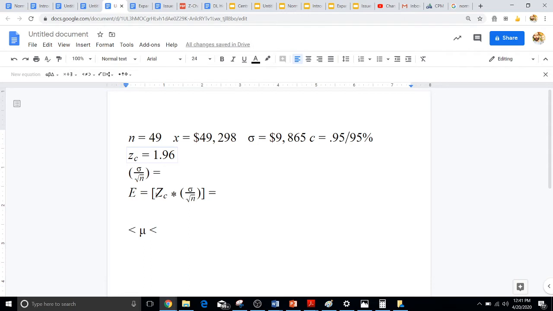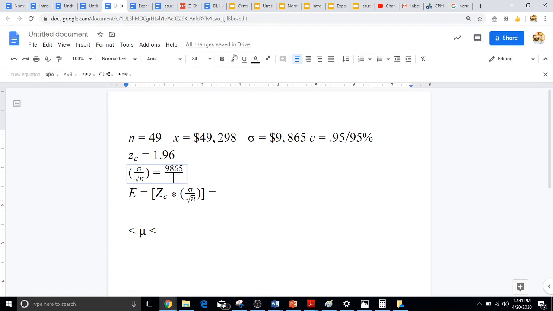In order to find our margin of error, we need our critical value and our standard error. Our standard error we get by taking our standard deviation and dividing it by the square root of our n. So let's go ahead and punch that in. Let's make a fraction. On the top, we're going to have our standard deviation, which is 9,865.